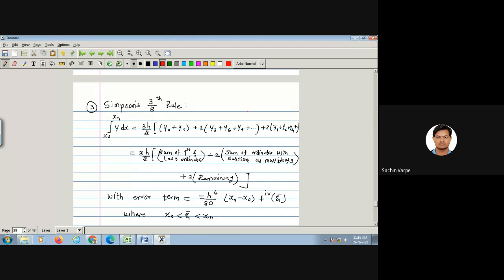Integration from x0 to xn of y dx is 3h by 8 times the sum of first and last ordinate, plus 2 times the sum of ordinates with suffixes that are multiples of 3, and plus 3 times the remaining ordinates. This is the formula by Simpson's 3/8 rule.